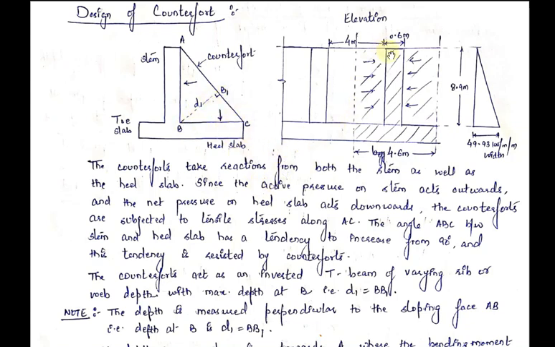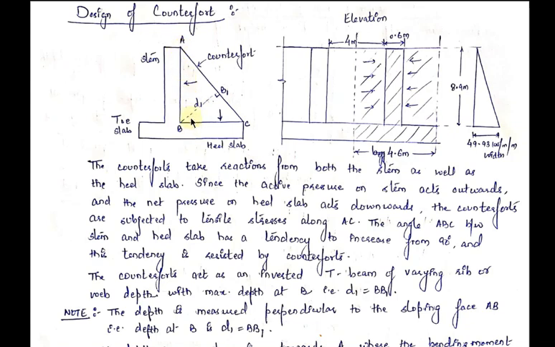Now if you look at this diagram, you will find that this counterfort is fixed at the base and free at the top. Therefore, it also acts as a cantilever structure, and in a cantilever we know that maximum bending moment and shear force are at the fixed support, and the bending moment is 0 at the free end.